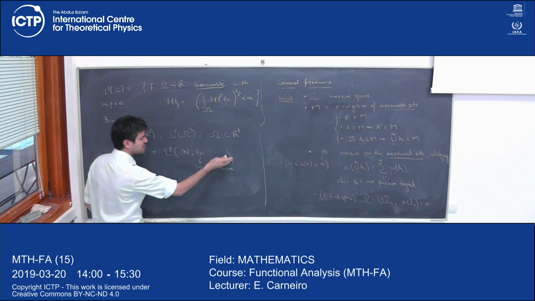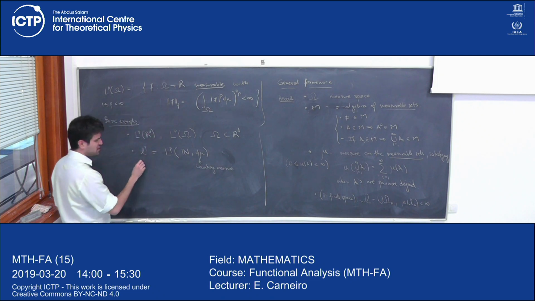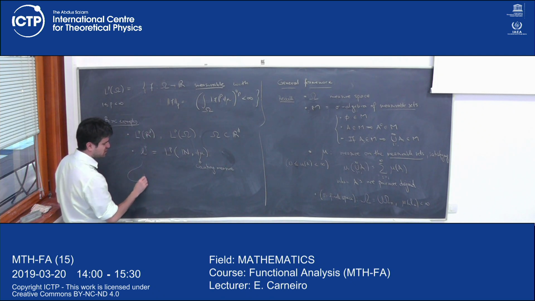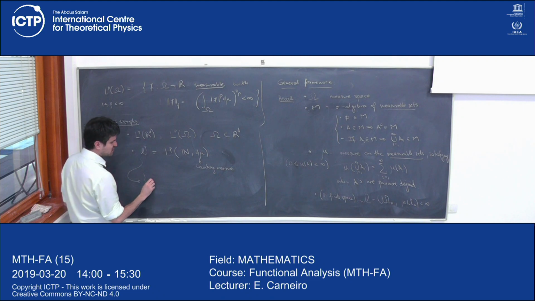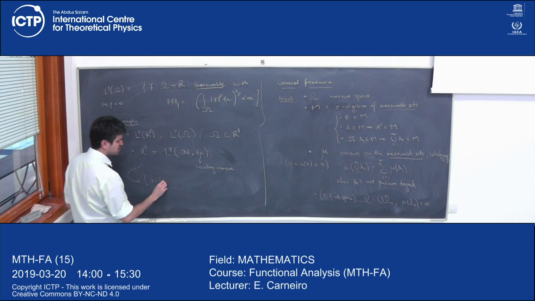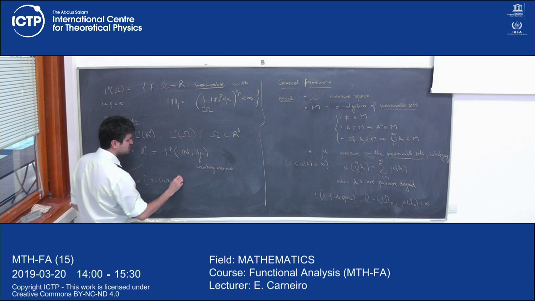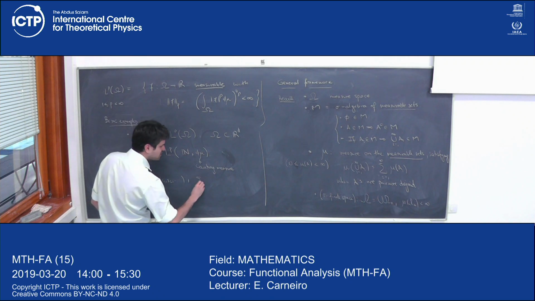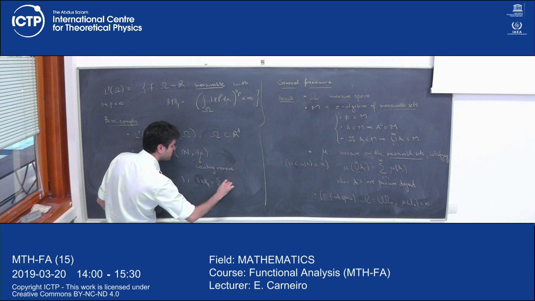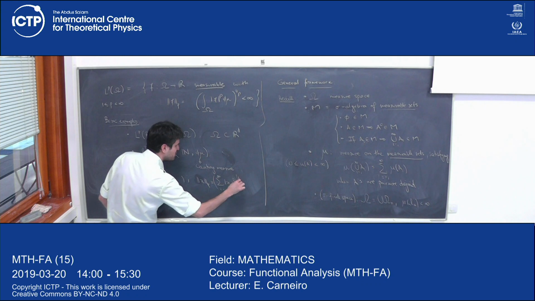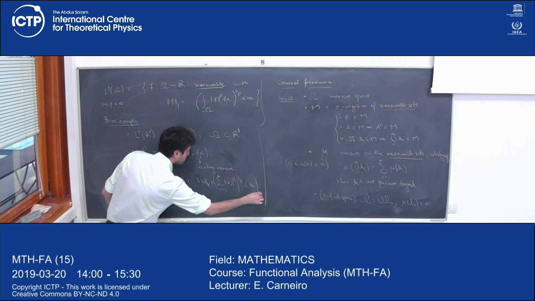This little LP is nothing more than the space of sequences x, sequences of real numbers, such that the norm p of x is the sum of |x_i| to the p, i from 1 to infinity, to the 1 over p.